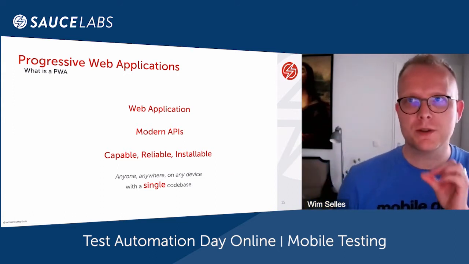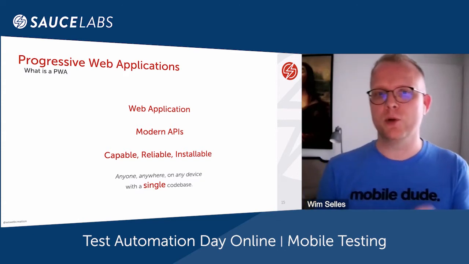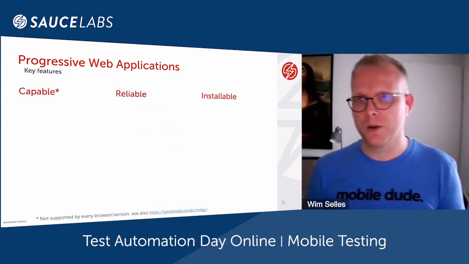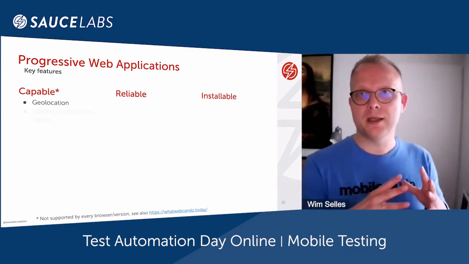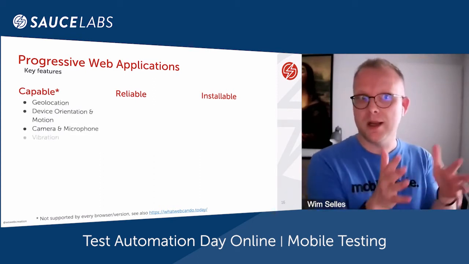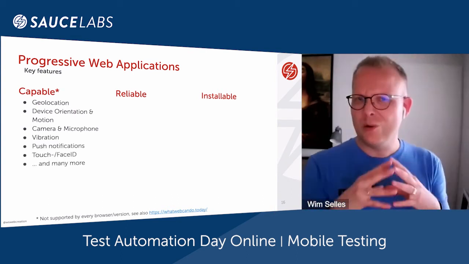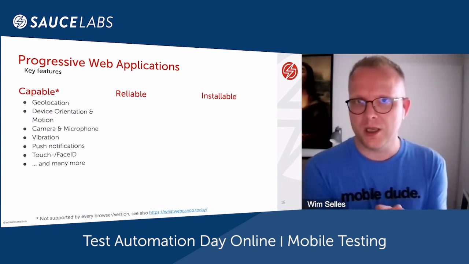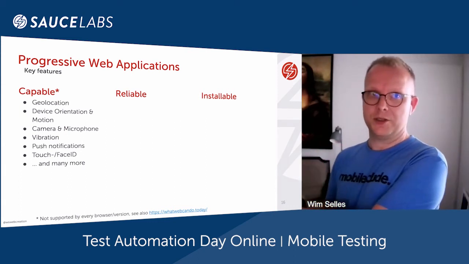I also want to, like I mentioned, dive a little bit more into the three pillars of PWA: capable, reliable, and installable. If we're talking about capable, then we need to think about things like geolocation, device orientation and motion, camera, all the access to the hardware that you would normally not have with a normal web application.